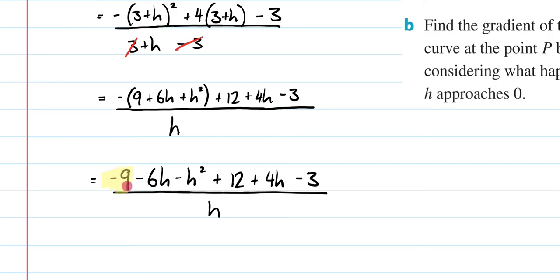I have negative 9, plus 12, minus 3. Negative 3, negative 9 is negative 12, plus 12, they're all going to go away. Then in terms of h's, I have negative 6h and plus 4h, so that's going to be negative 2h.